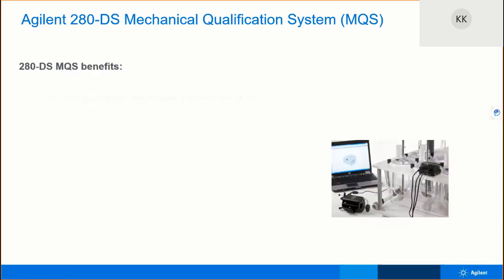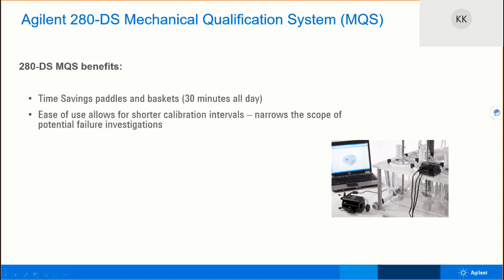So it's time saving, as I mentioned, to do a mechanical qualification of your tester. It takes about 30 minutes, really. You can do shorter calibration intervals to narrow the scope of your potential failure in your investigation. So imagine instead of looking at all your data from the past 6 months, it would now be just a week, maybe 2 weeks or a month.